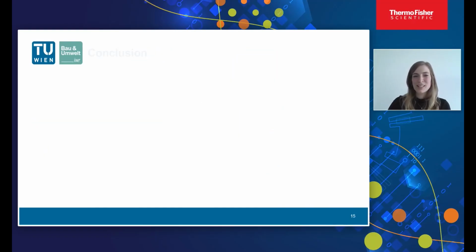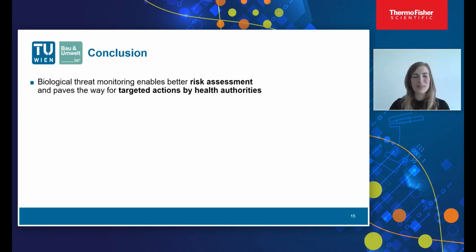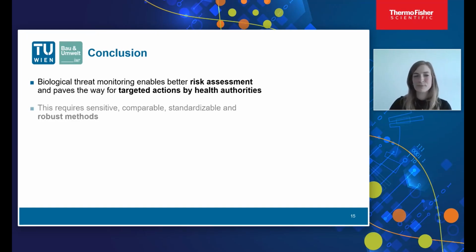All right. So with this, we're nearly at the end of the presentation, and I would like to conclude what we've been talking about now. So biological threat monitoring enables a better risk assessment, and it paves the way for targeted actions by health authorities. So once they know, they can act. This, of course, requires sensitive, comparable, standardizable, but also robust methods.